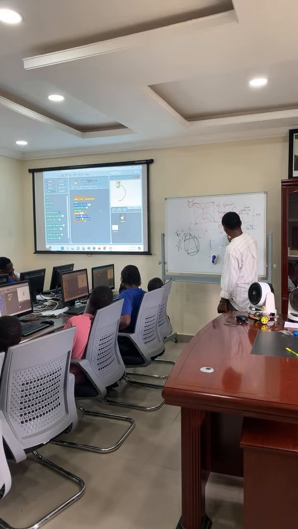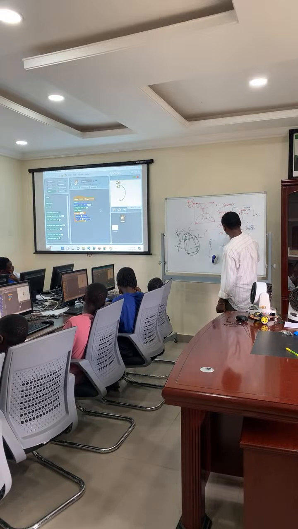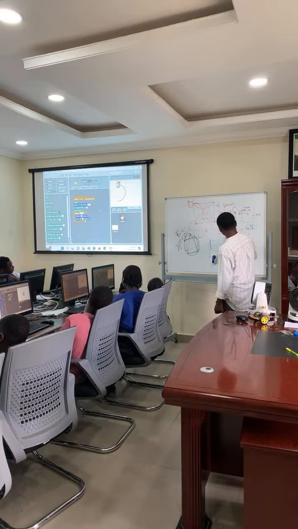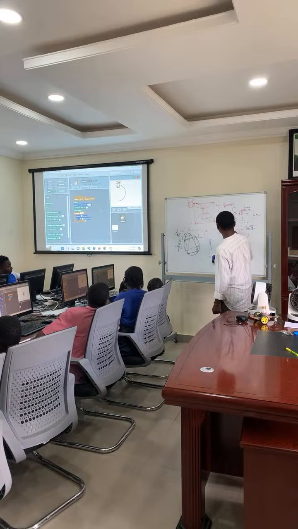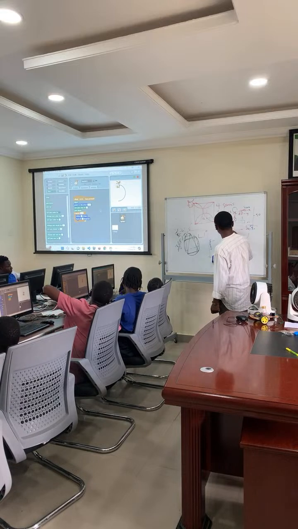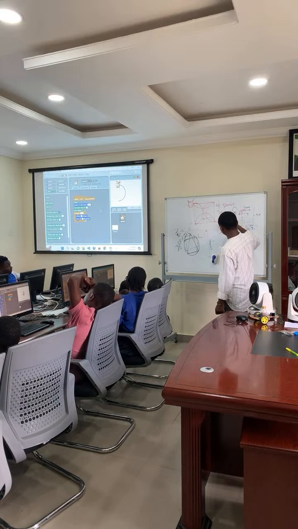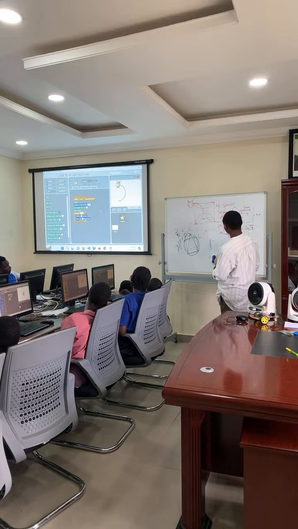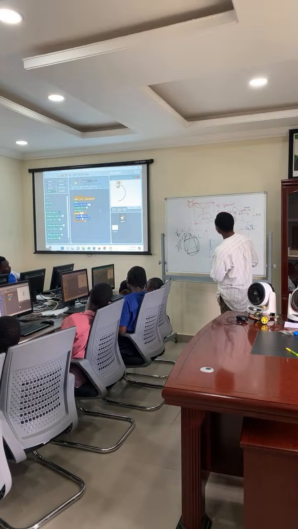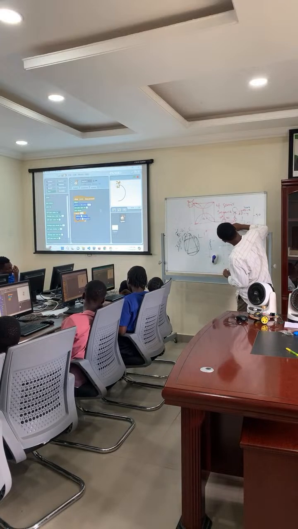when I'm here, I've gone this way. So it's pointing at this direction. How many degrees do I need to turn for it to face down? So the sprite is here. The sprite is actually like this.